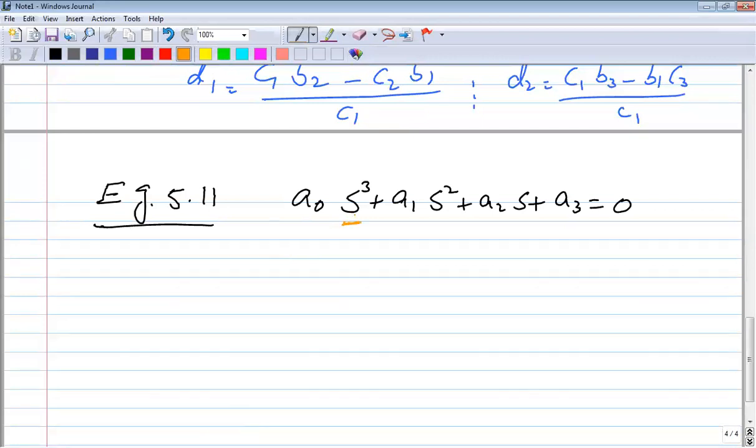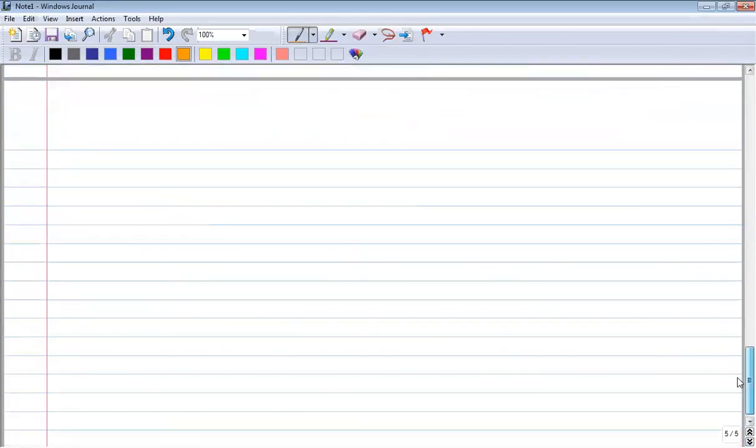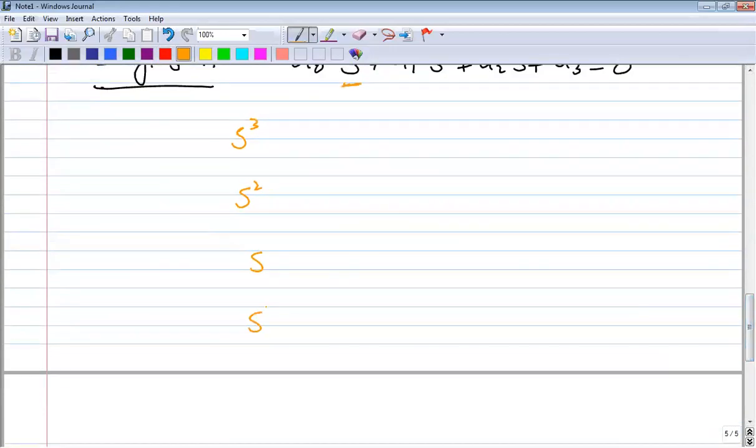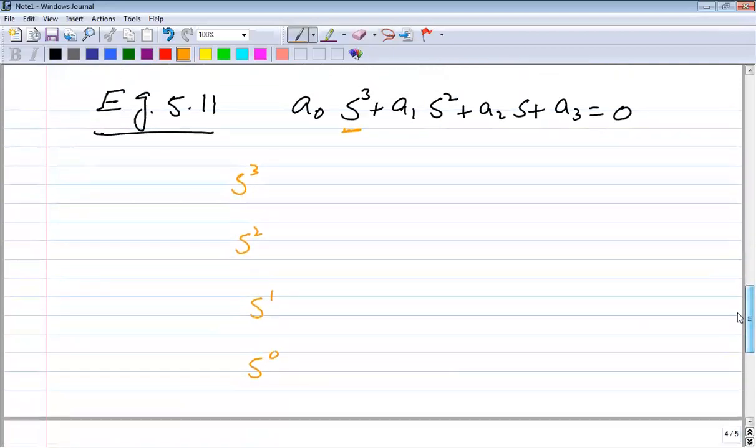I will place the highest coefficient as s cubed, then s squared, then s, and finally s to the power 0. So a0 will come here, a1 here, a2 here, a3 here, right? So place it in this exact form.